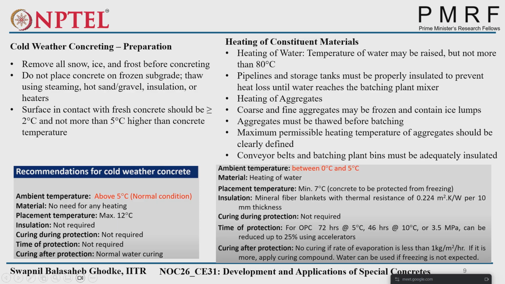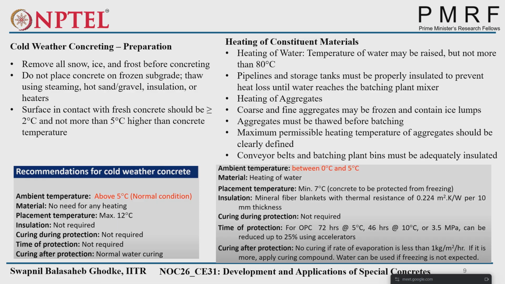Curing protection not required. And time of protection: how much time do we have to give initial protection for the concrete after casting? Suppose we are using ordinary Portland cement mixture: 72 hours at 5 degrees Celsius. If the temperature is 10 degrees Celsius, 46 hours or 3.5 MPa strength gain.